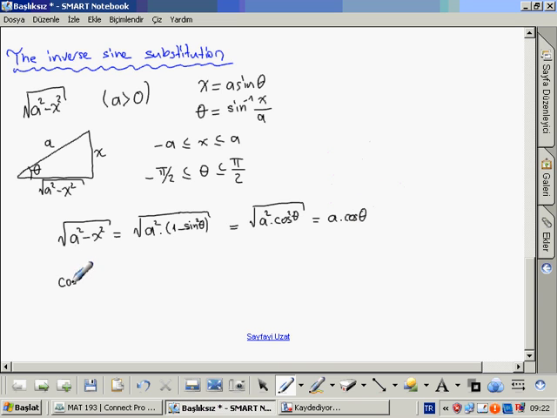So cosine theta equals the square root of a square minus x square over a, and tangent theta equals x over the square root of a square minus x square.